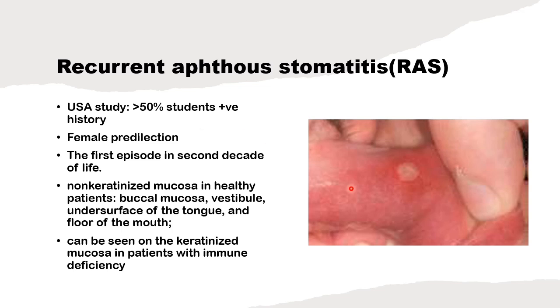It affects mostly the non-keratinized mucosa of the oral cavity in healthy subjects, including the buccal mucosa, the oral vestibular mucosa, the undersurface of the tongue, and the floor of the mouth. But it may also affect the keratinized mucosa of the oral cavity in patients who have some immune deficiency.